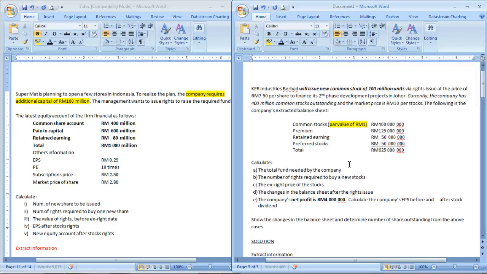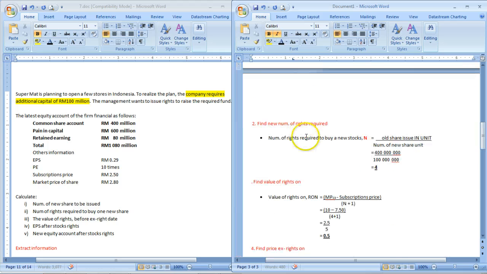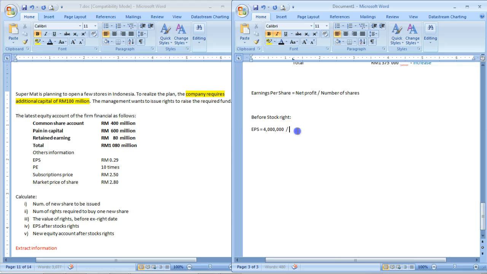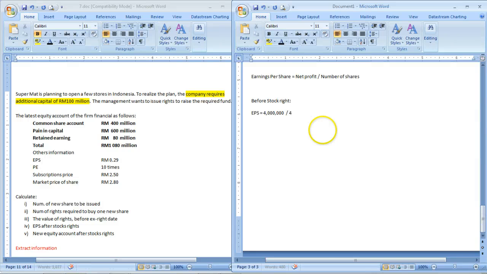No. Currently the company has 400 million outstanding shares. This is your existing old shares, 400 million units of shares.